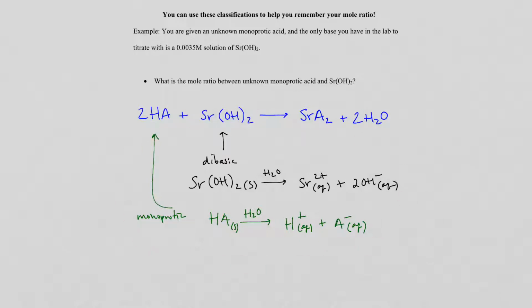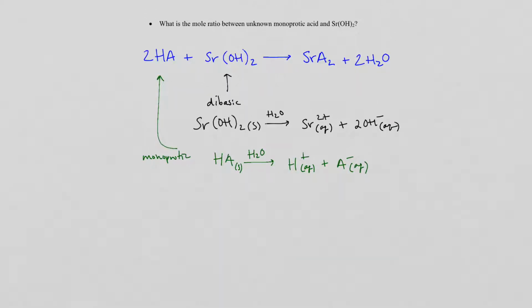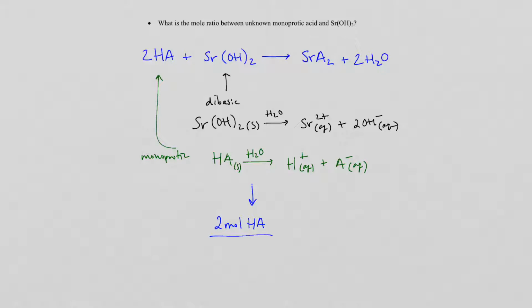But for every 1 mole of strontium hydroxide that dissolves, those OHs can react and form waters with 2 moles of HA. So if we had to write our mole ratio, we would say that 2 moles of HA can be neutralized by 1 mole of strontium hydroxide.